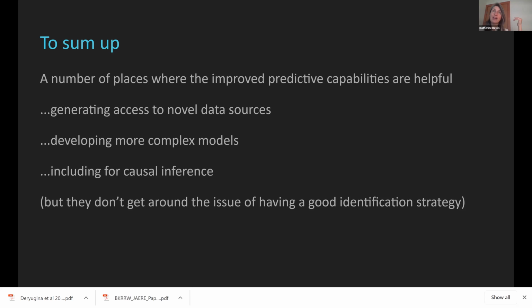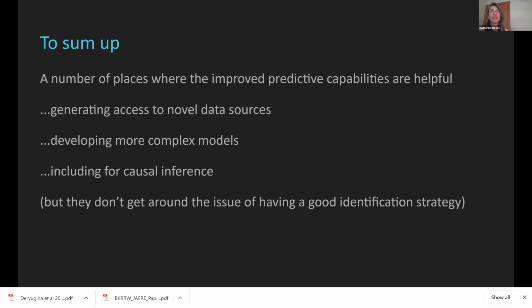That can get us access to information from novel data sources like remotely sensed data. It can allow us to develop more complex models that have a whole bunch of nonlinearities built into them. We can also use that prediction to help in terms of causal inference, either predicting counterfactuals directly or predicting selection, things like that.